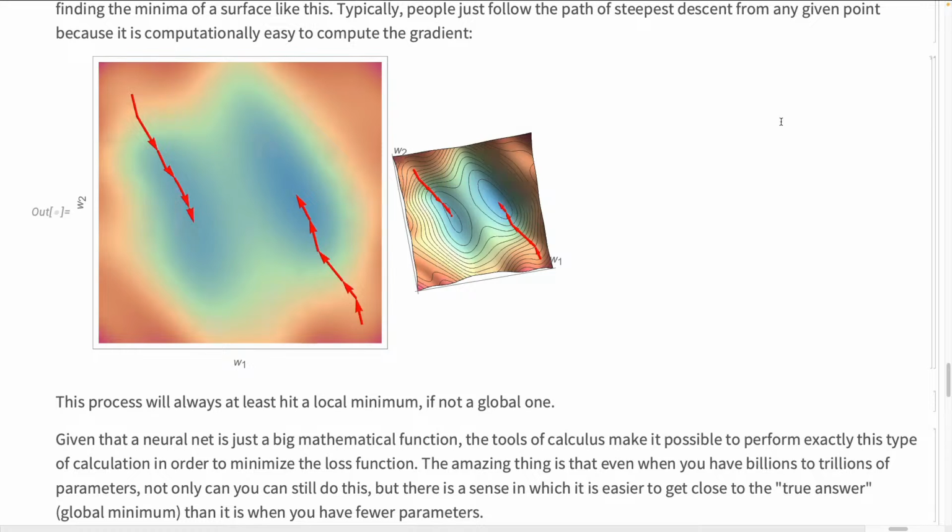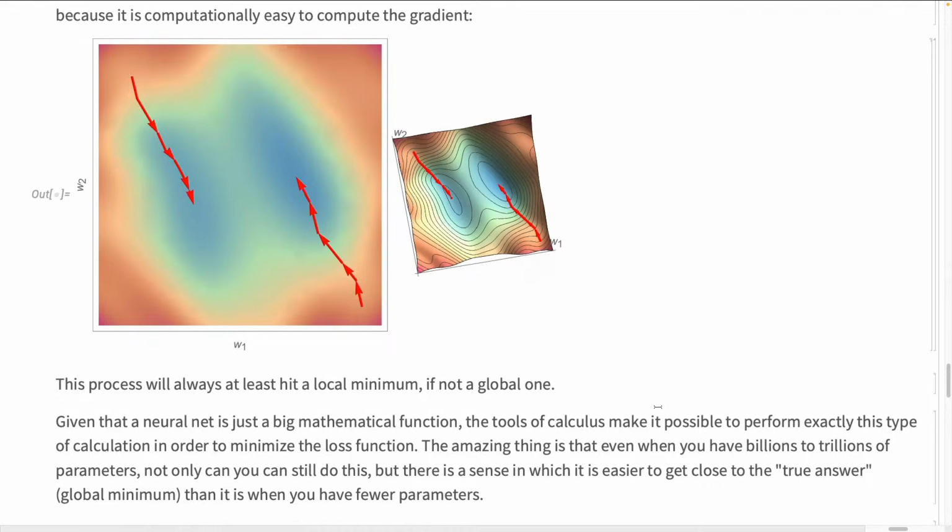It could be that over here there's a spot that we could have gotten to by a more gradual path, like a slow, nice set of steps. But then over here, maybe there's a giant hole that has an even lower error. That's possible. And in higher dimensions, it's actually easier to find those global minima. But you always get at least a local minimum.